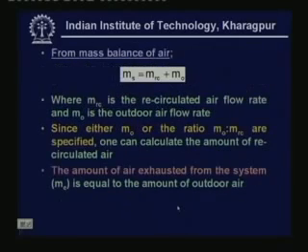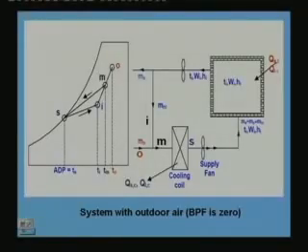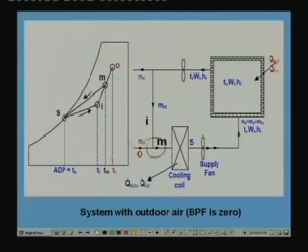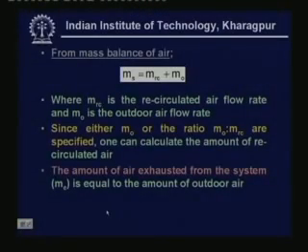This is already explained to you. And from mass balance of air, at this point, if you do the mass balance, you find that m dot O plus m dot recirculated is equal to m dot S, because mass is coming from this side and getting mixed, and the total mixed air is going in this direction, where m subscript RC is the recirculated air flow rate and m subscript O is the outdoor air flow rate.